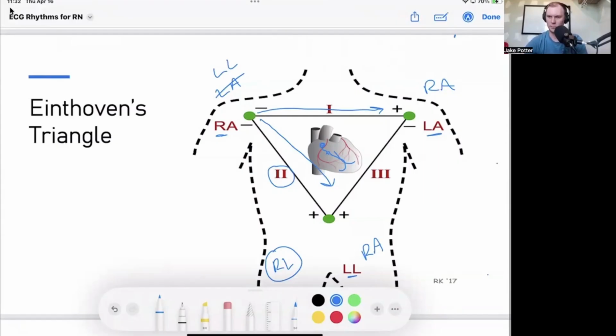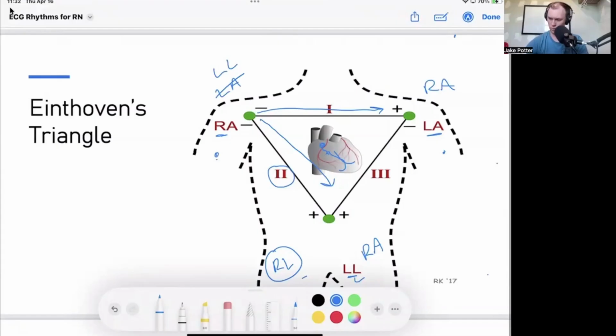So it's really important that we maintain this triangle, and you can go limb, limb, limb, limb, or you can go torso. It's really important though, if you're going to do one, you have to do the other. What do I mean by that? If you do your arms up here on the limbs, you have to do your legs on the limbs.